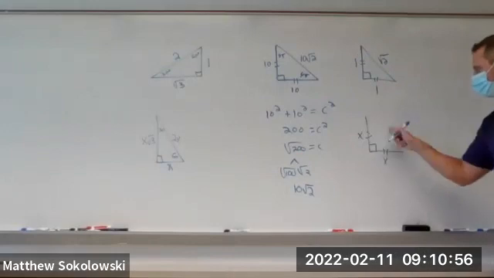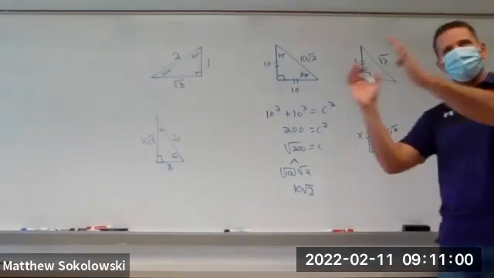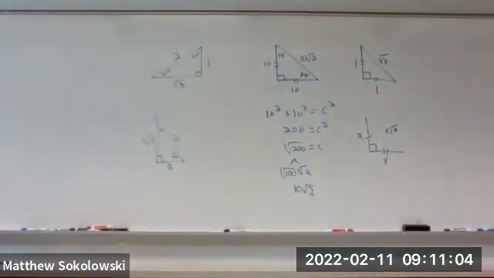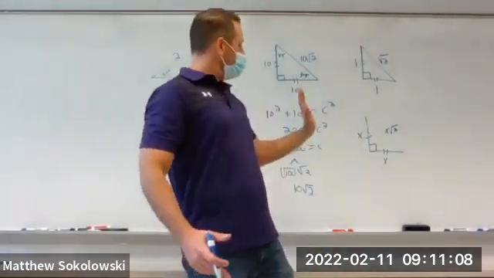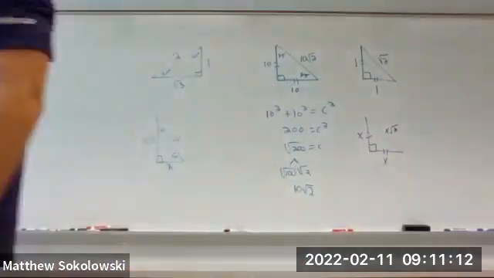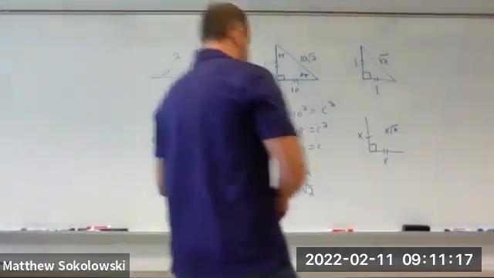X. What's this? X rad 2. So it's the same thing as in those problems where I said the ratio of the sides is blank to blank to blank, and you attach an x to it. Well, the ratio of the sides is 1 to 1 to rad 2. So anything times that is what you're going to get in the 45, 45, 90 triangle. All right. Now, we can go through different problems then.